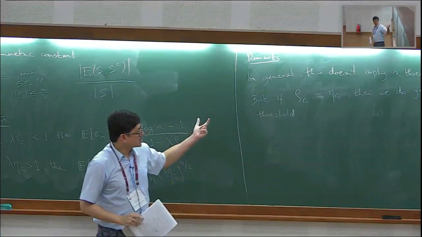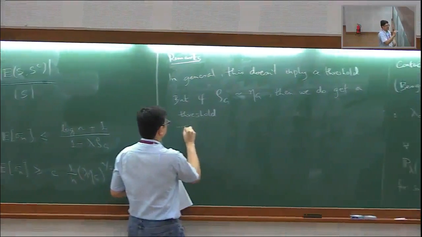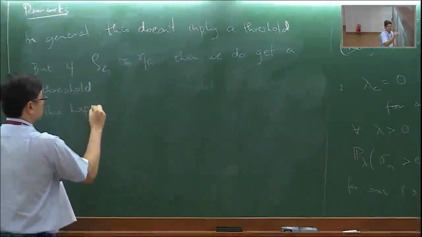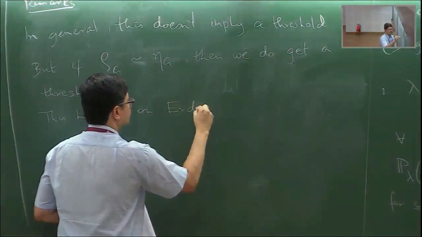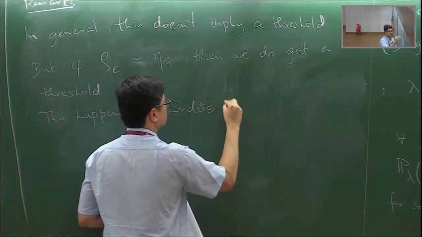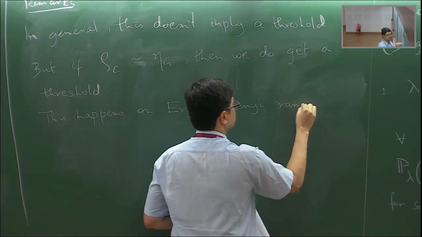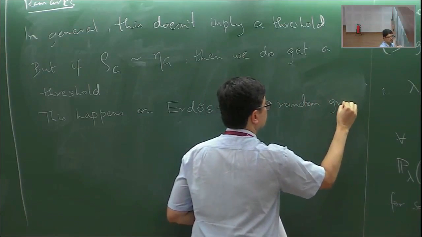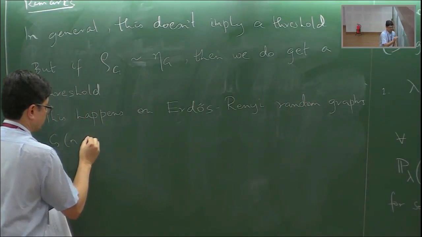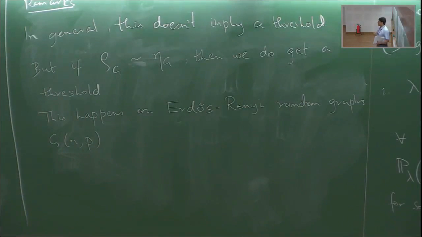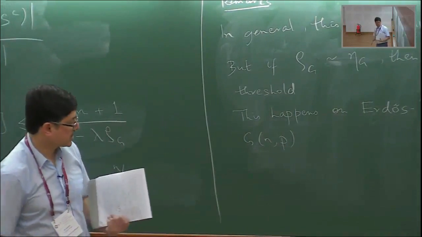So what are the graphs for which this happens? Well, it happens for Erdős–Rényi graphs. This is the random graph where there's an edge between every pair of vertices with probability p, independent of everything else.